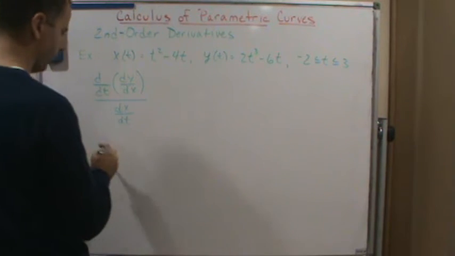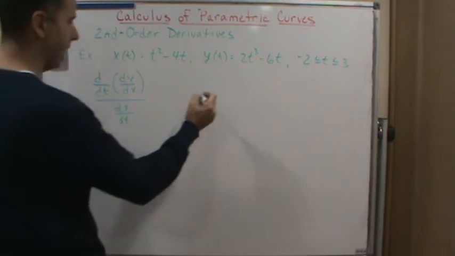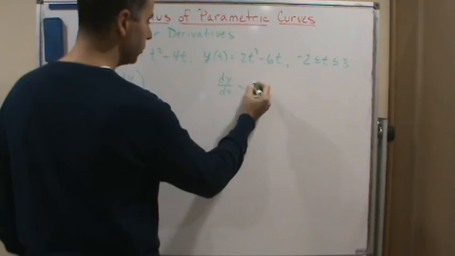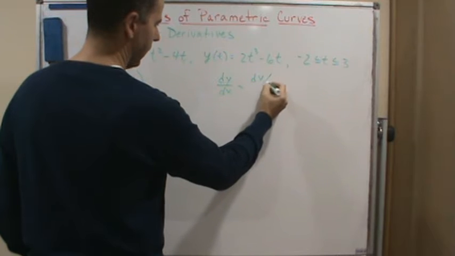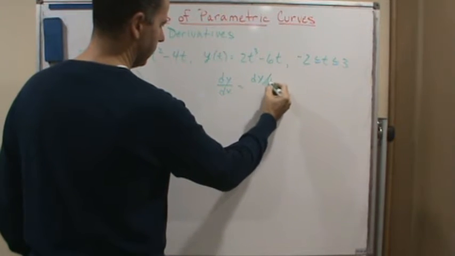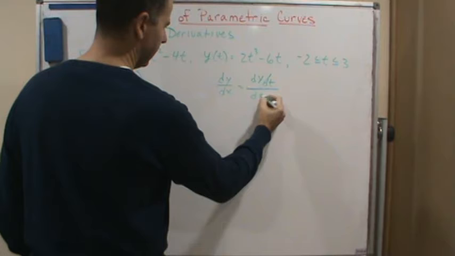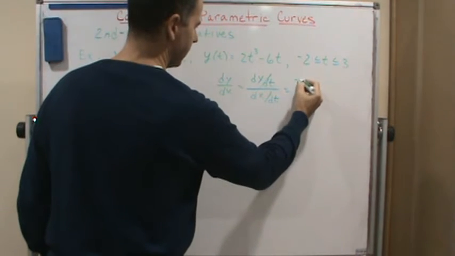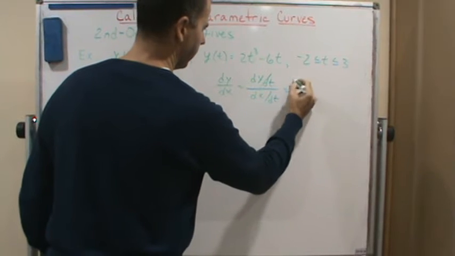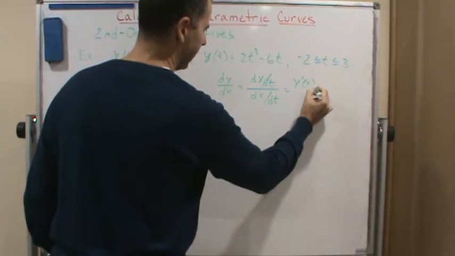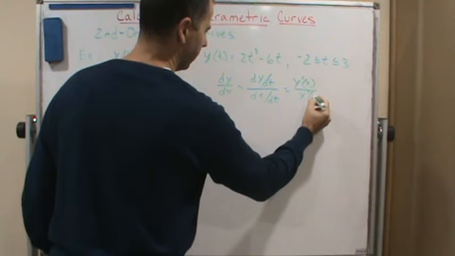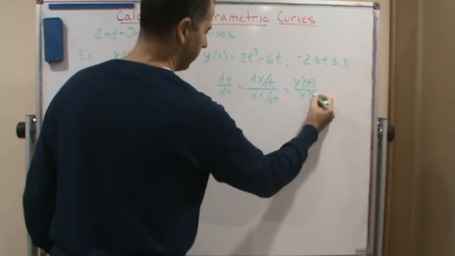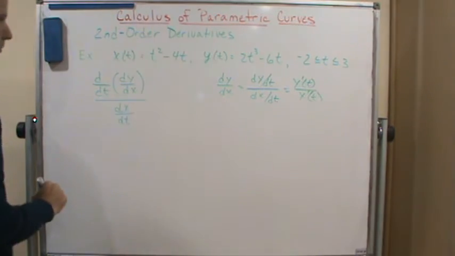So again, we're keeping in mind that dy/dx is equal to dy/dt over dx/dt, which again is just y prime of t over x prime of t, right?